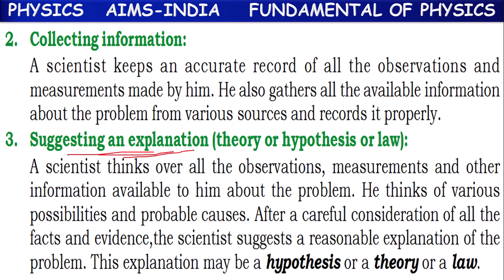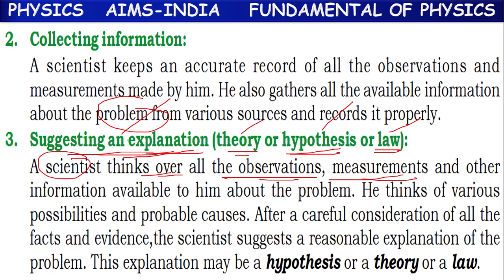Suggesting an explanation or theory, hypothesis or law. Suggesting an explanation for a problem is called sometimes theory, sometimes hypothesis, sometimes law. So a scientist thinks over all the observations, measurements and other information available to him about a problem.